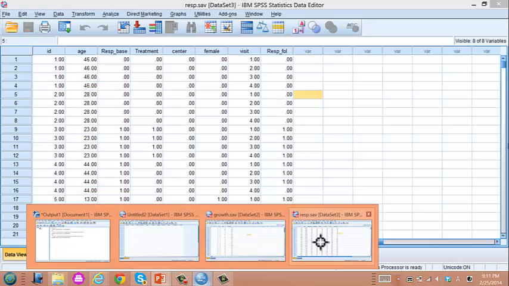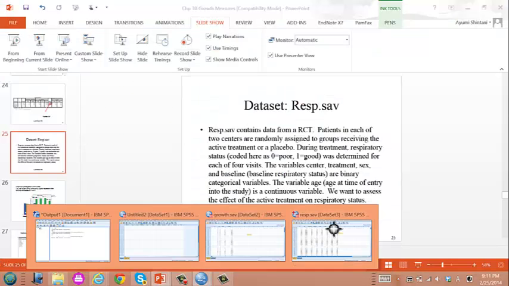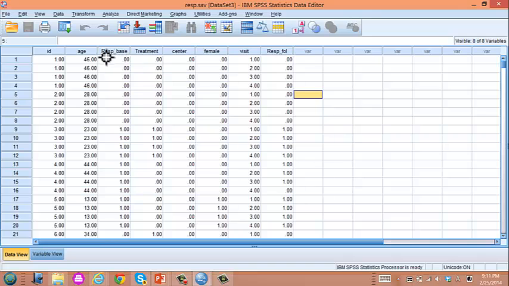So if we go back to the data set, okay, this person, this is the baseline measurement. So this person has a poor respiratory status at the baseline. And at visit 1, this person still has a poor outcome.